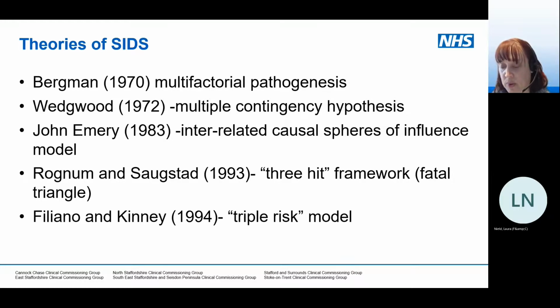The multiple contingency hypothesis, in which he suggested the risk of SIDS was increased when there were 3 overlapping factors that coincided. The first was general factors such as prematurity, sex, overcrowding, poverty. The second, the developmental stage of the child, or the age.